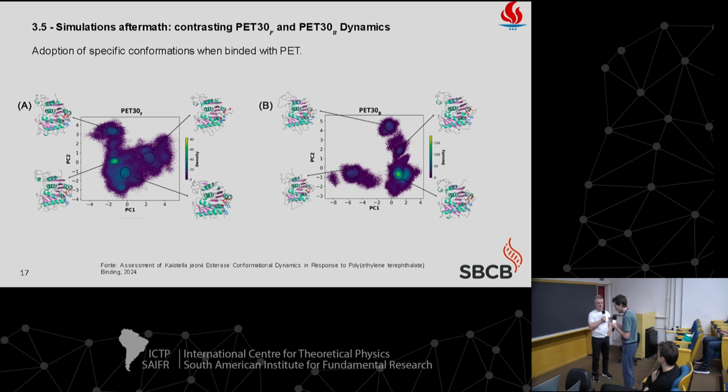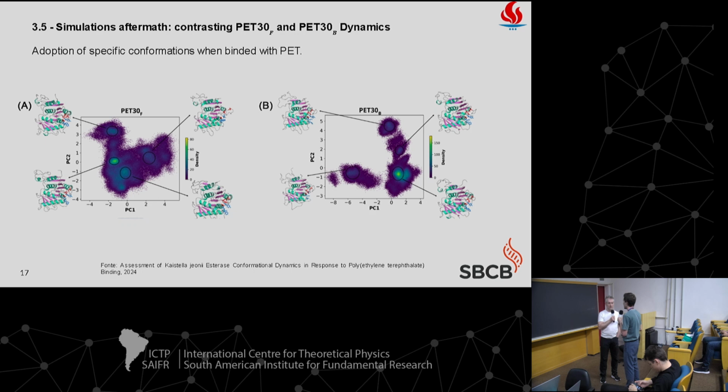It's like an evolutionary step toward efficient catalysis of the PET molecule. So we have ICTP-SAIFR that is specifically adapted for PET, but PET30 seems to be evolving to do this. So it's not specific for the PET molecule.